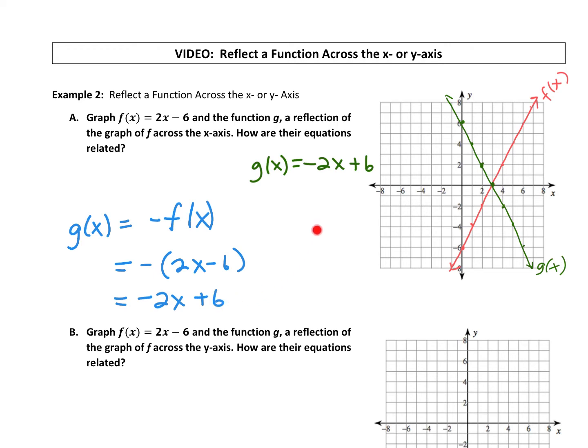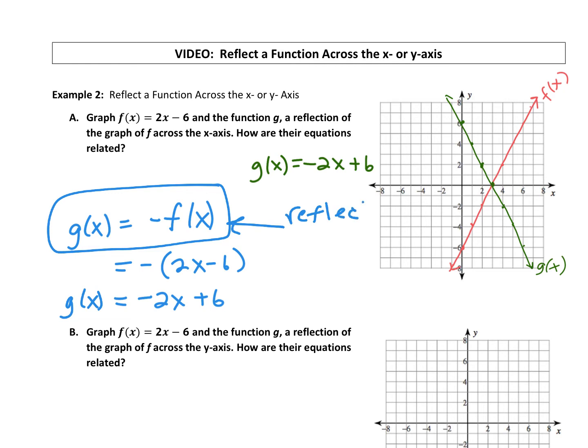You can see that that's the equation that we got from looking at the graph. This is g of x. So that's what the equation looks like when you reflect across the x-axis. It involves a negative, and the negative goes in front of the entire f of x function.